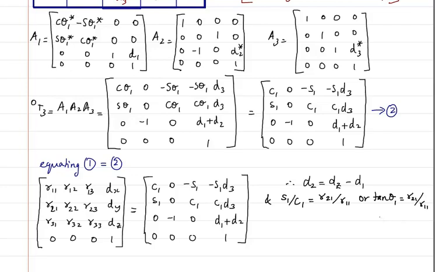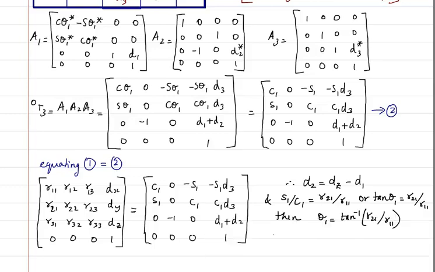If that is the case, then theta 1 is equal to tan inverse of r21 divided by r11. So we have found out the second one also.